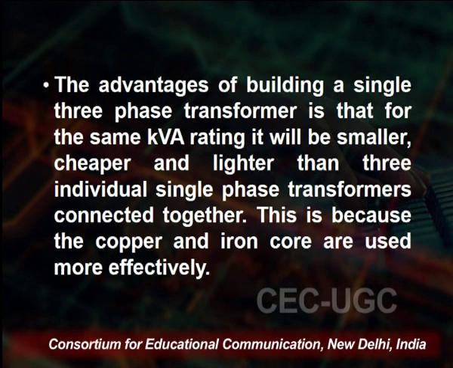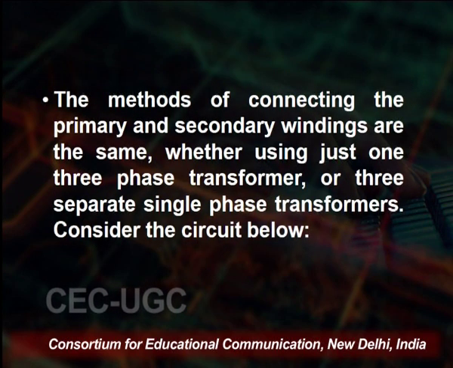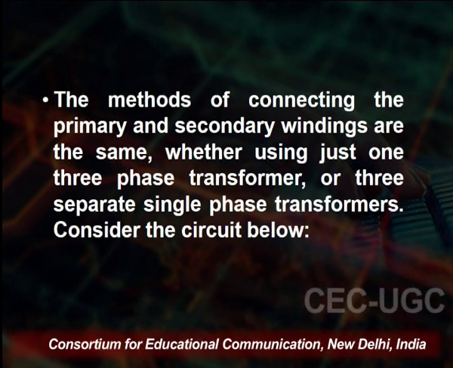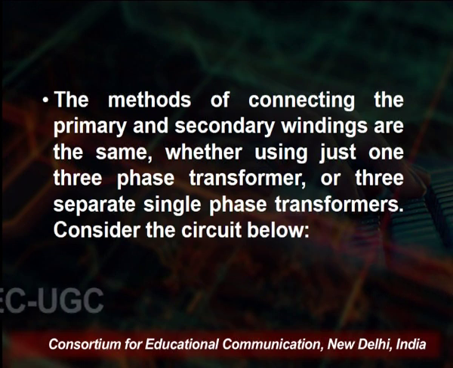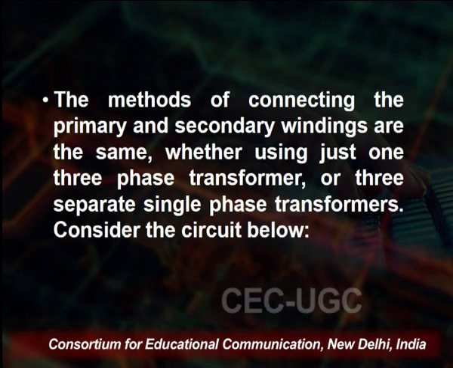This is because the copper and iron core are used more efficiently. The method of connecting the primary and the secondary windings are the same whether we are using just the 3-phase transformer or 3 separate single phase transformers.